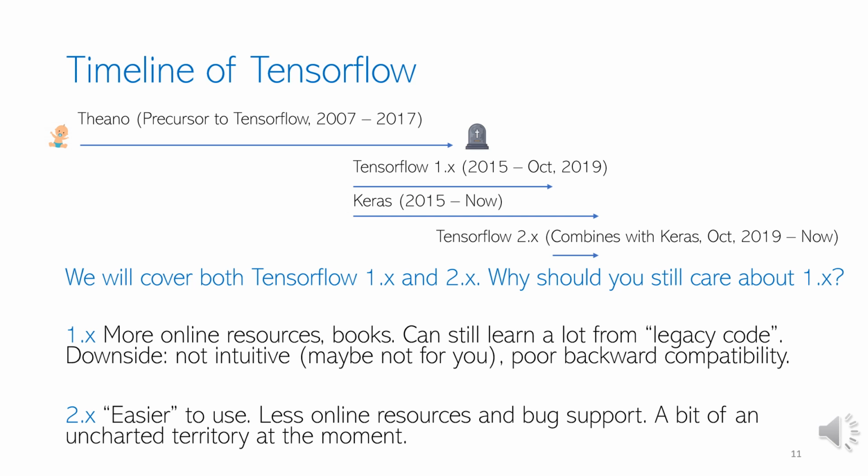However, TensorFlow version 2 is easier to use, but you have fewer online resources and less bug support. So this is where you should choose between version 1 and 2. We will talk more about the differences of these versions, and you can decide which one to use for the programming assignments later on.